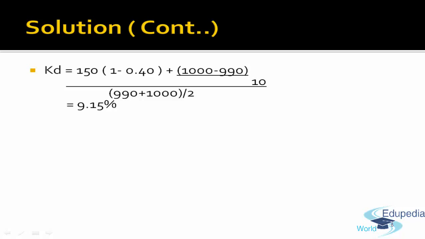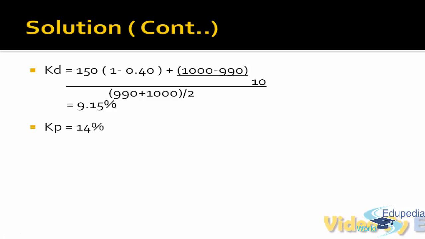For a 1000 rupees face value share, 15% is the coupon rate. Interest will be 150 net of tax plus redeemable value less net proceeds, because that is the extra loss to the company in redeeming the debentures, divided by the lifespan of debentures, divided by the average of the net proceeds and redeemable value. So cost of debt is 9.95%.